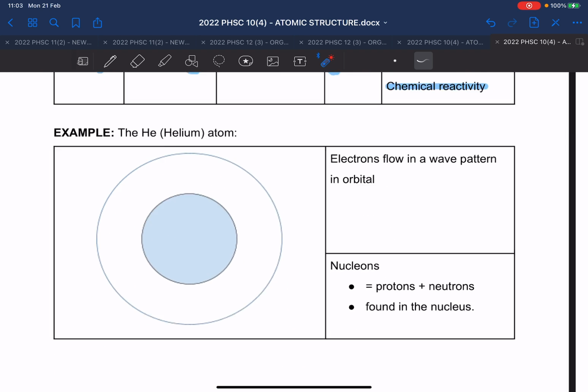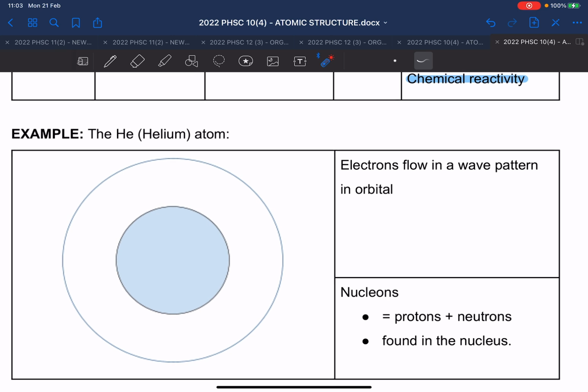All right, if we look at the helium atom, how many protons does helium have? Two, because its atomic number is 2. So it has 2 protons.